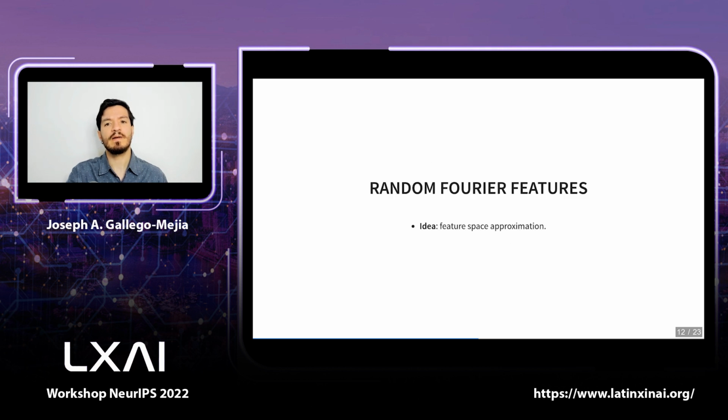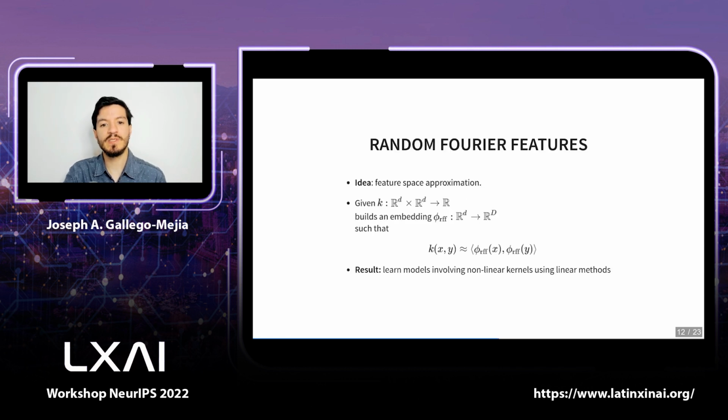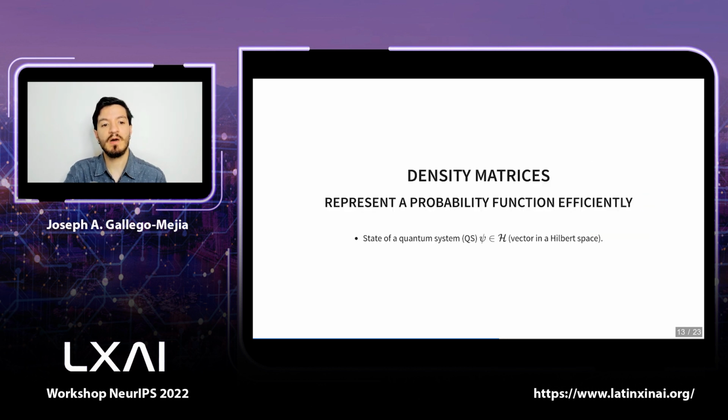The problem with kernel methods is their efficiency. Rahimi et al. proposed random Fourier features that approximate the feature space of a given kernel using linear methods for calculating nonlinear kernels. We also provide a further optimization using neural networks called adaptive Fourier features.